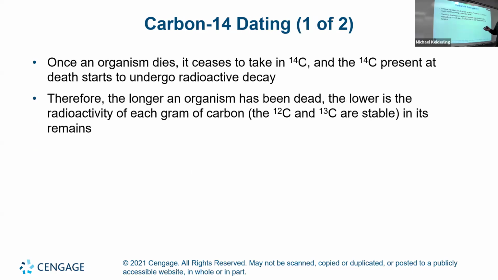Now, once an organism dies, it ceases to take in carbon-14, and the carbon-14 present at death will start to undergo radioactive decay. So the longer something has been dead, the lower its radioactivity of each gram of carbon in its remains. Because the other types of carbon, carbon-12, carbon-13, they're stable. Nothing's happening with them.